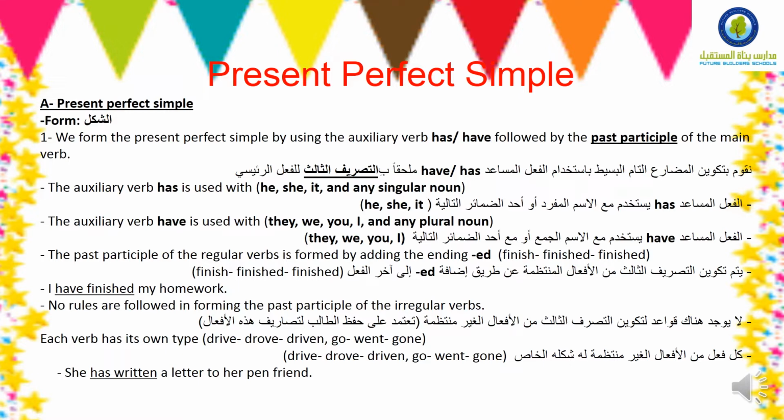So, for he, she, it and any singular noun you add has, then have is used with they, we, you or I or any plural noun. Now you have the past participle, verb 3, which can be regular or irregular. You know that. For example, here you have finish.